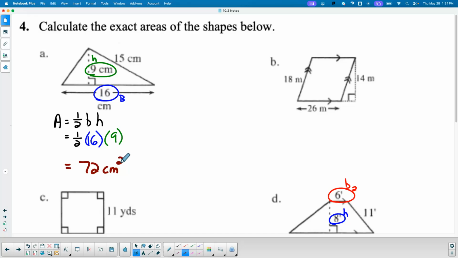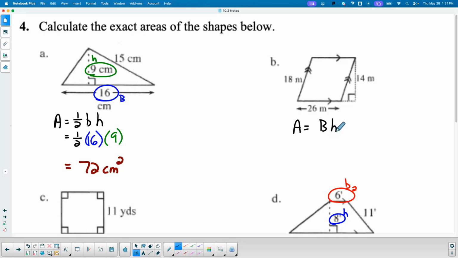What shape do I have in B? Parallelogram. I have two sets of parallel sides. Formula for area of a parallelogram: base times height.